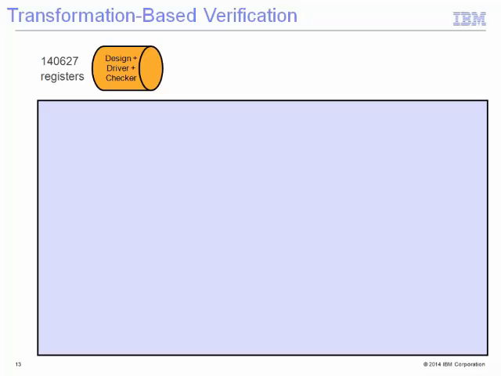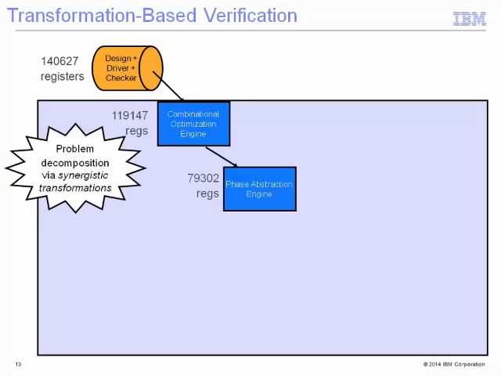We first run a lot of logic optimization engines to simplify the problem and remove redundancy, which can significantly reduce your design size. Then you can apply a phase abstraction engine, which we call the modulo phase folding engine. If your design is not sensitive to the clock and so on, it can further simplify the problem.